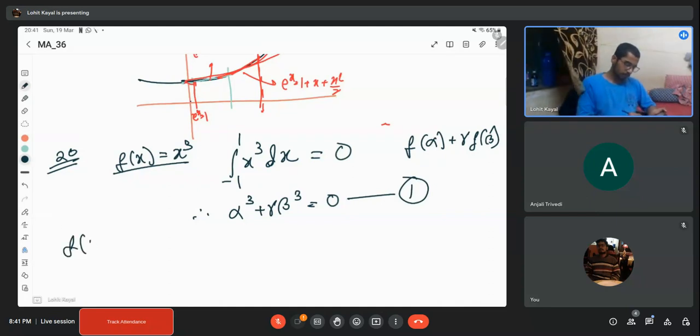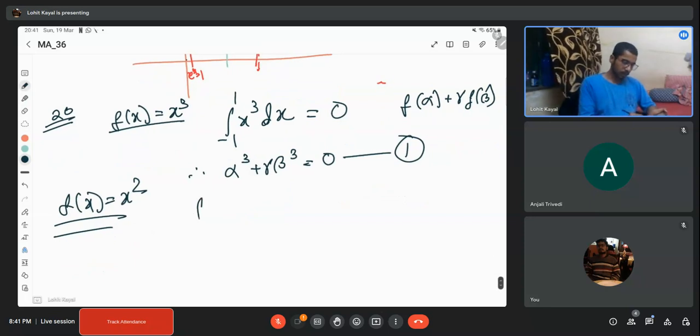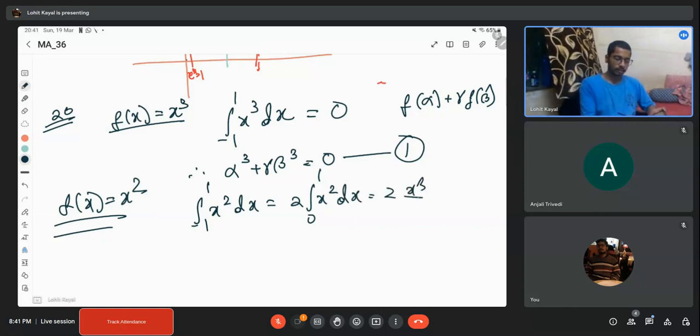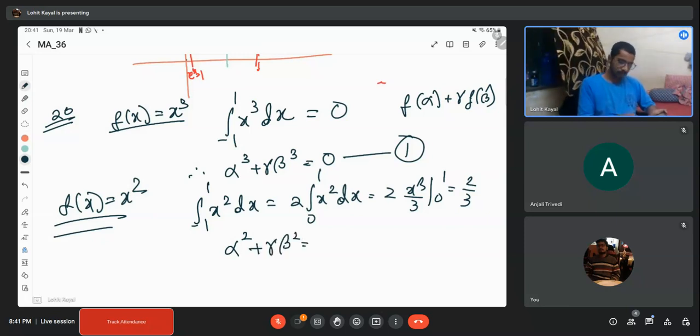Now when f(x) equals x square, the integral from minus 1 to 1, this is an even function. x square dx is 2 times the integral from 0 to 1 of x square dx, which is 2 times x cube by 3 from 0 to 1, equal to 2 by 3. So it will be alpha square plus gamma beta square equal to 2 by 3.